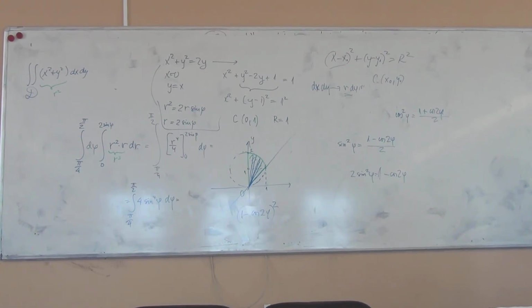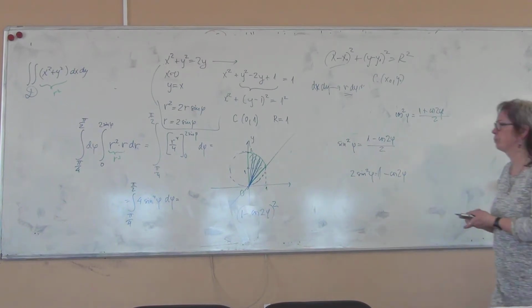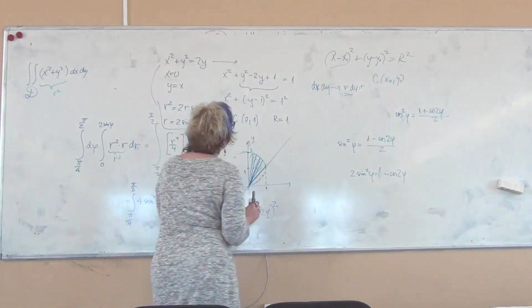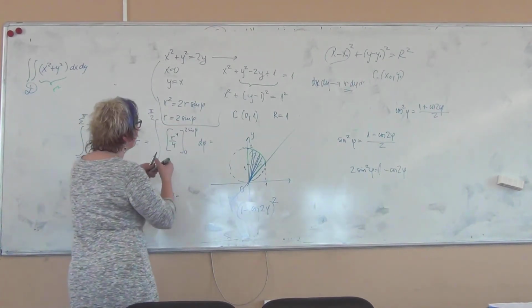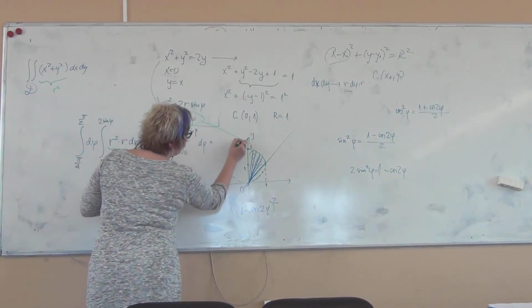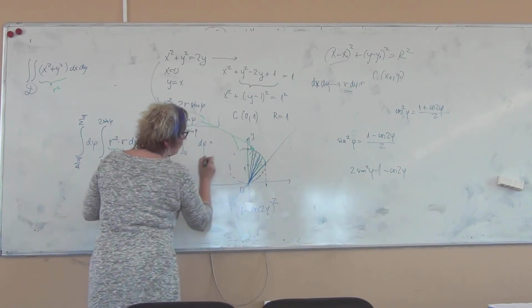How does the 2 sine phi come about? I know it's r equal to 2 sine phi, but why is it from 0 to 2 sine phi, not from 0 to 2? Because this is the equation of the boundary line of the circle.